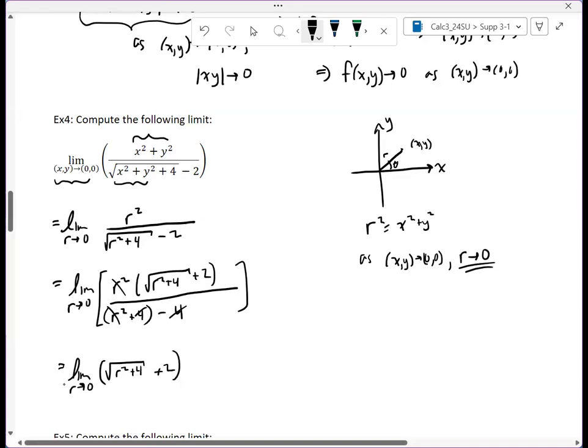And here I have limit r goes to 0 of square root of r squared plus 4 plus 2. And now we're in kind of 1 dimension, so we know all of these limit rules that apply. We can just essentially plop the 0 in there. Square root of 4 is 2. 2 plus 2 is 4. So the value of this limit is 4.